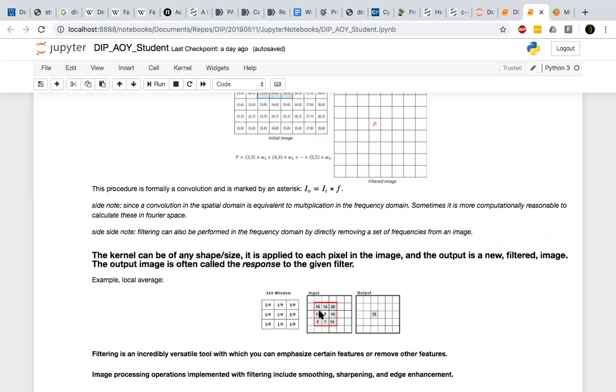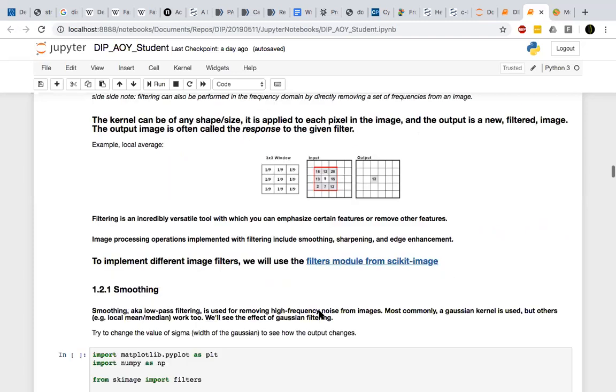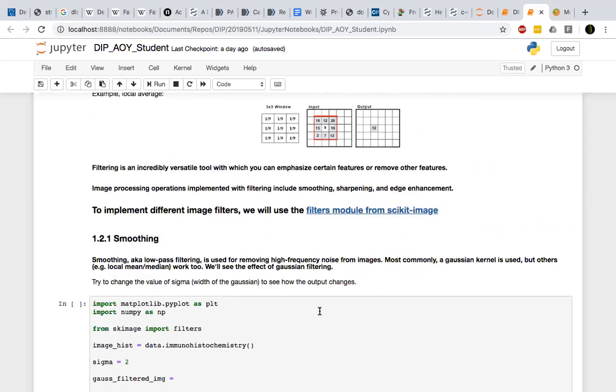So what exactly is this filter doing? What happens when I add up all these pixels and then divide it by 9? So I average, right? So this is the local average of the image.